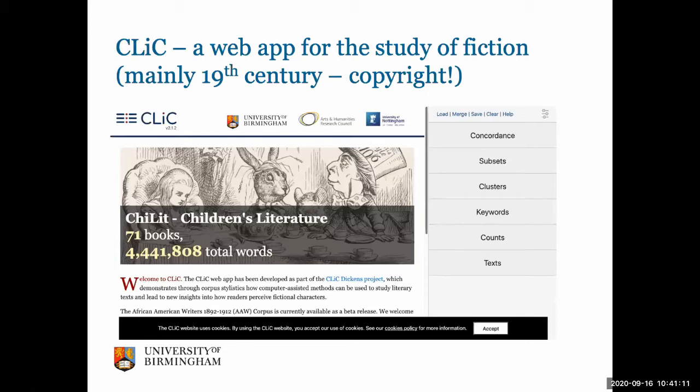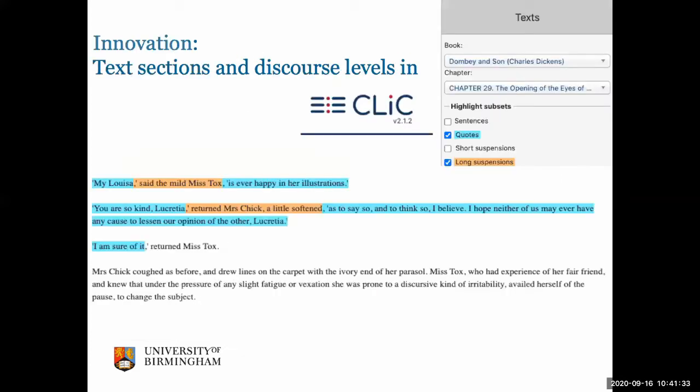Obviously, it would be nice to have contemporary fiction, but there's the tiny issue of copyright, which makes it difficult when people can then download everything and sell it in ways they shouldn't. So with CLiC, you can run concordances, you can run clusters, you can do keywords. There's lots of things that you can do with it for the analysis of fiction.